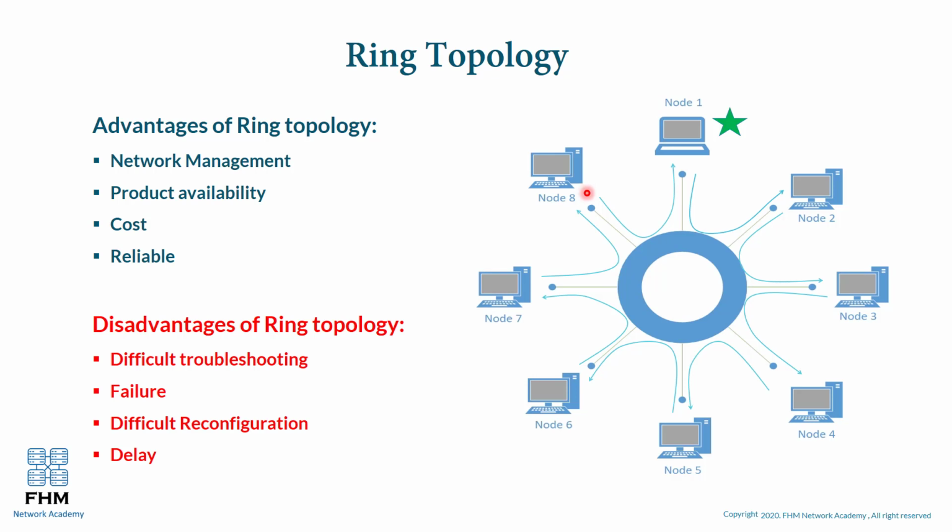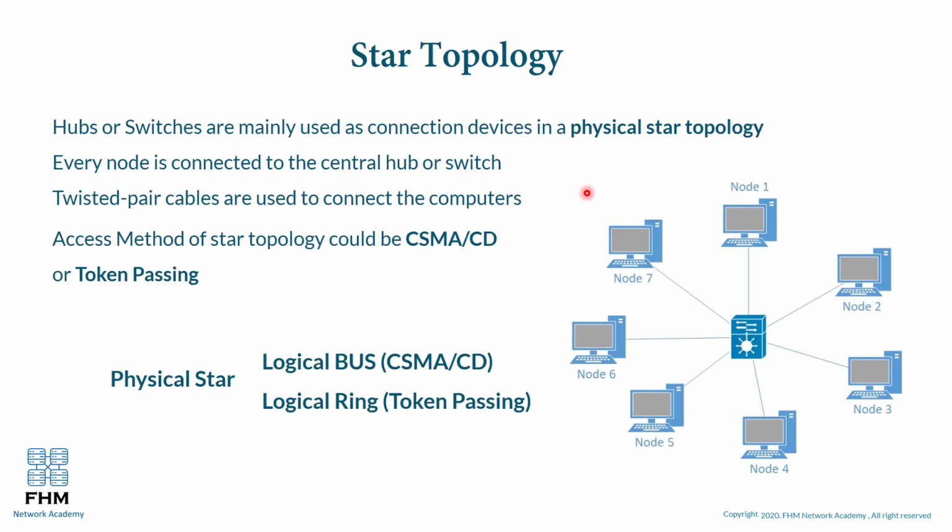Let's talk about star topology. Star topology is an arrangement of the network in which every node is connected to the central device, which could be a hub or switch. Hub or switch are mainly used as connection devices in a physical star topology. Every node is connected to this hub or switch, which is the central point of the network.